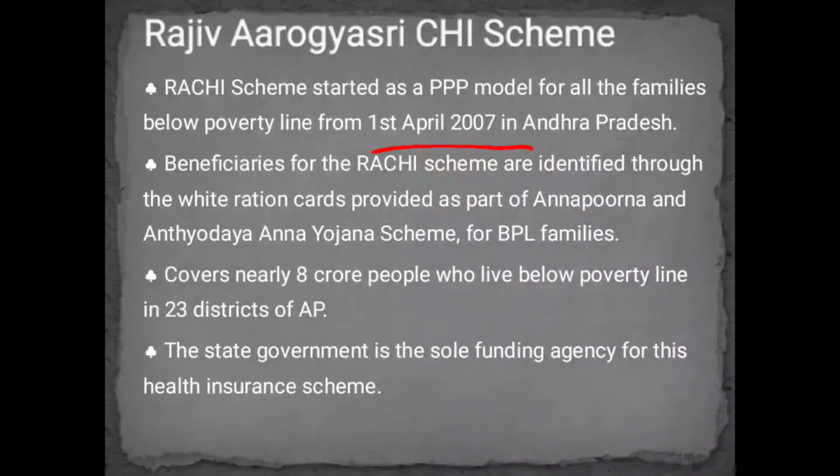Beneficiaries for this scheme are identified through the white ration cards provided as part of the Annapurna and Antyodaya Anna Yojana scheme for BPL families. So this is for the poor people. It covers nearly 8 crore people who live below the poverty line in 23 districts of Andhra Pradesh.